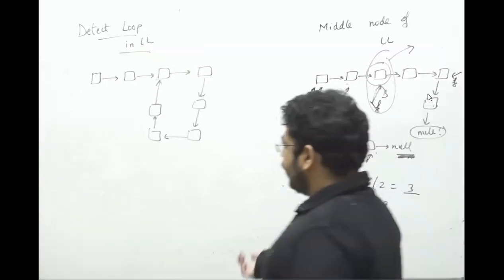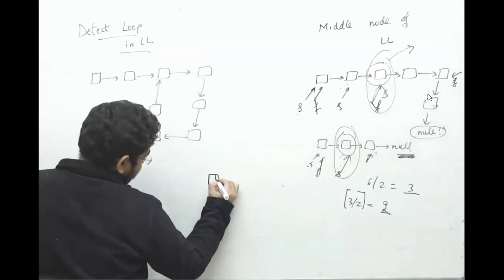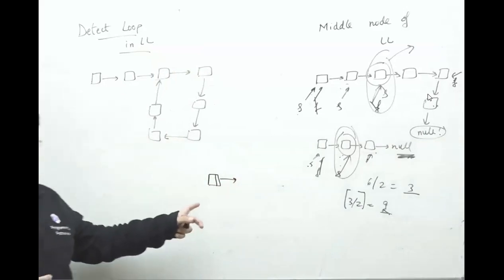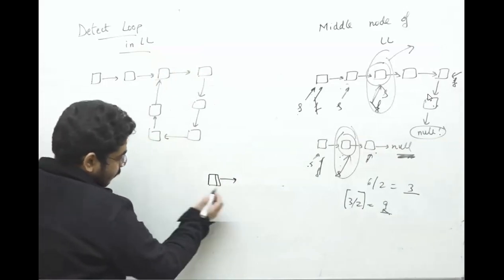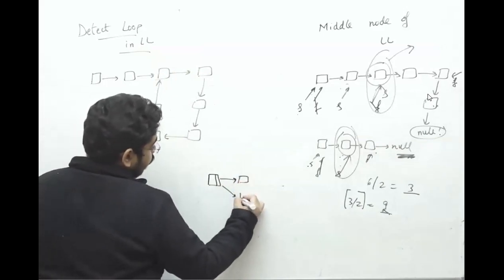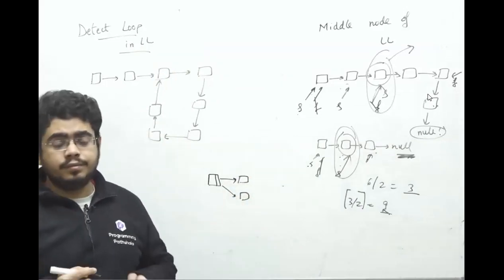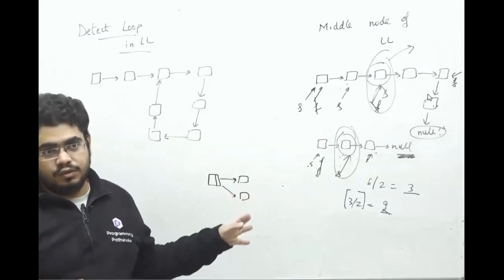So how does a loop work in a linked list? Remember, in a node, you only have one pointer. Do you remember this? Yes or no? So it's never possible to have two nodes linked, right? This is never possible that we'll have two nodes linked.